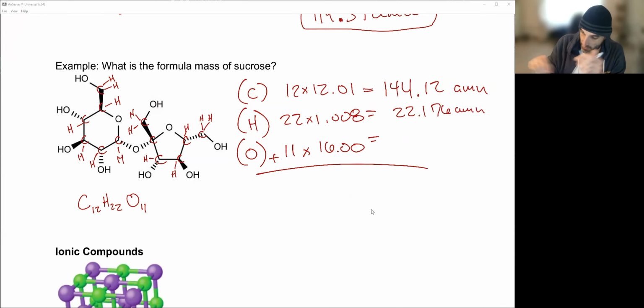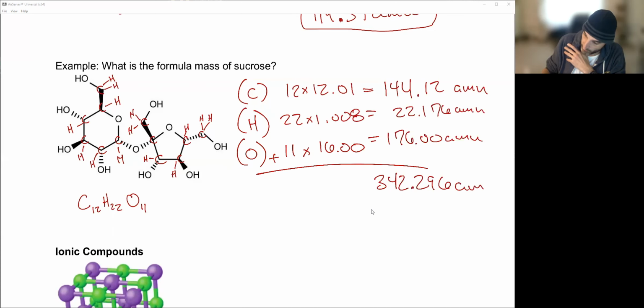And then finally, 11 times 16 is 176 AMU. So add them all up: 176 plus 22.176 plus 144.12 gives me a molar mass for sucrose, or this molecule, of 342.296 AMU. Good enough. We would probably truncate it after 2, but that'll work. So 342.296 atomic mass units. That is the mass of our sucrose molecule.